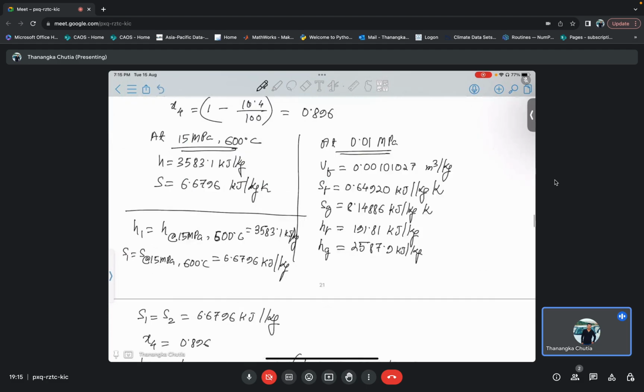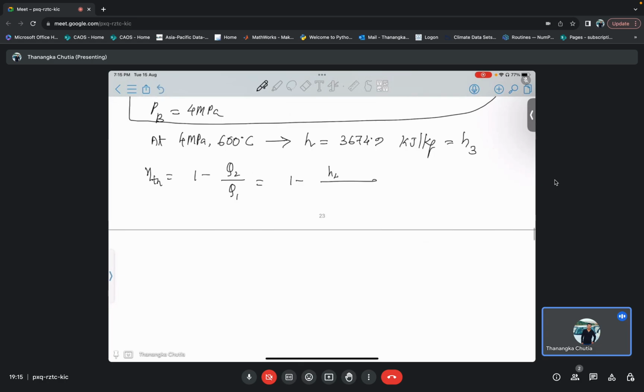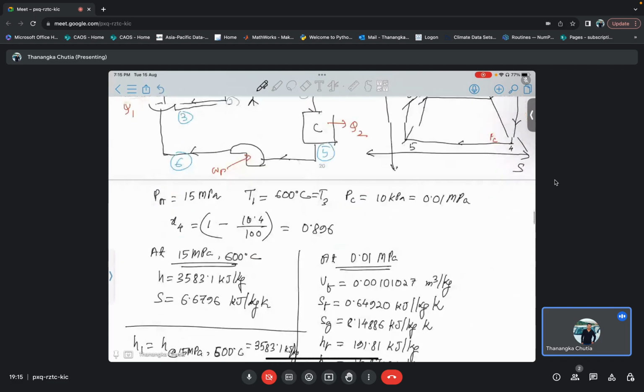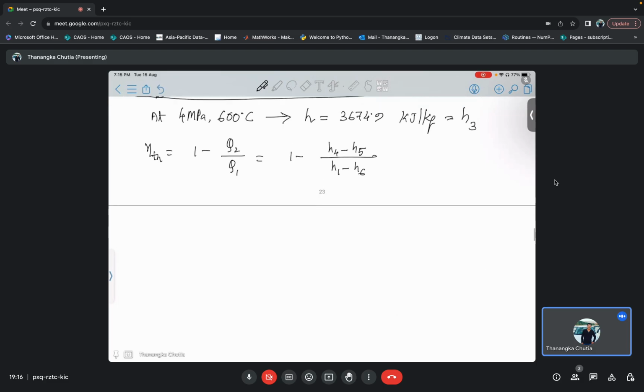This will be H4 minus H5, and that will be over H1 minus H6. So we don't need the value of H2 to find this one. If you have to find out the turbine work, then you can do that similarly. Now what is H4? We have already got it.